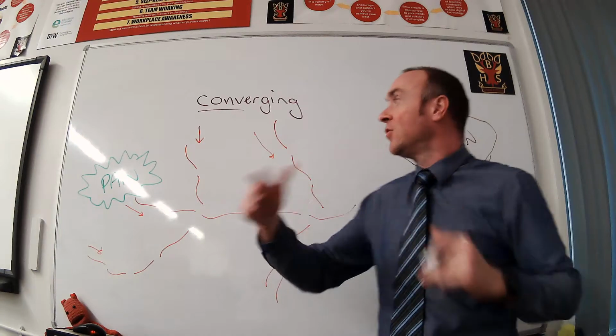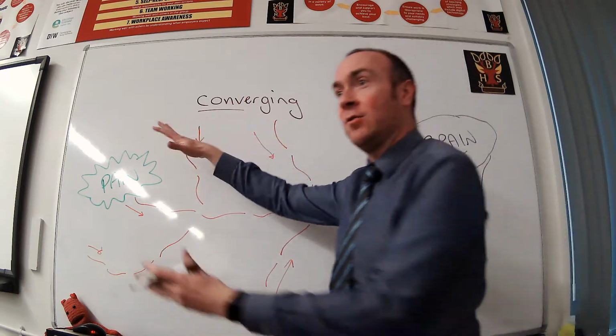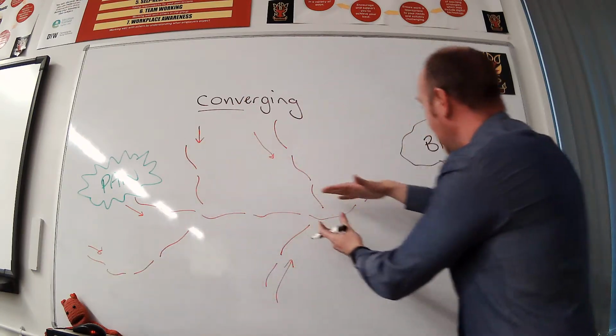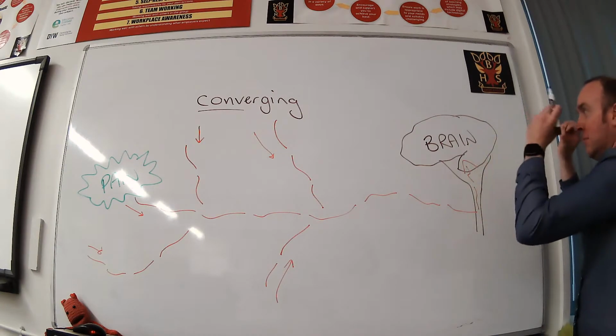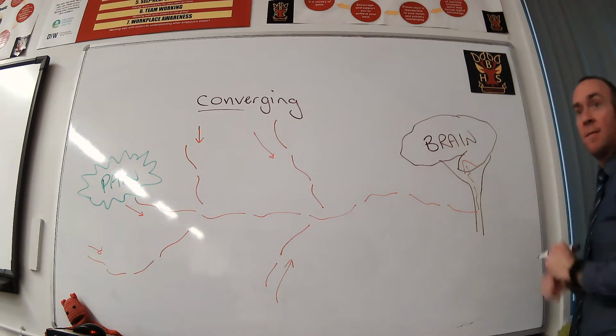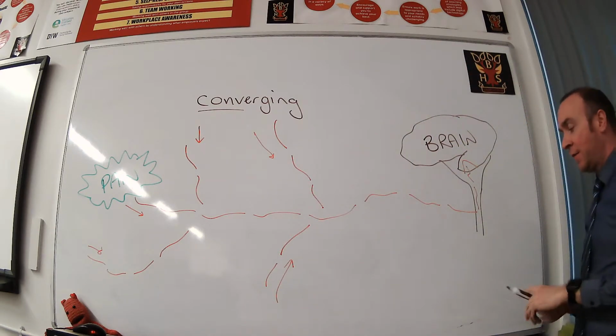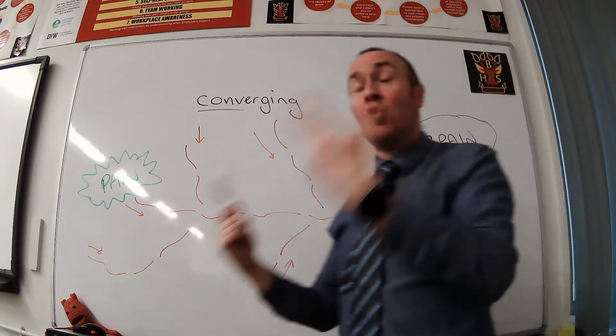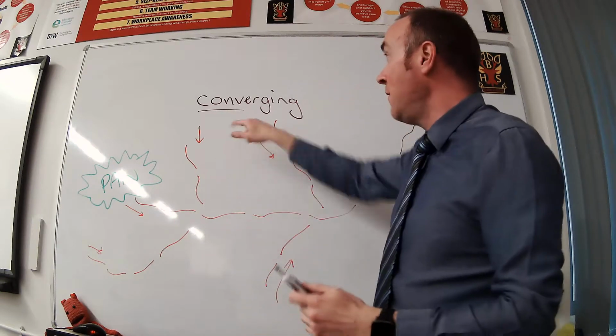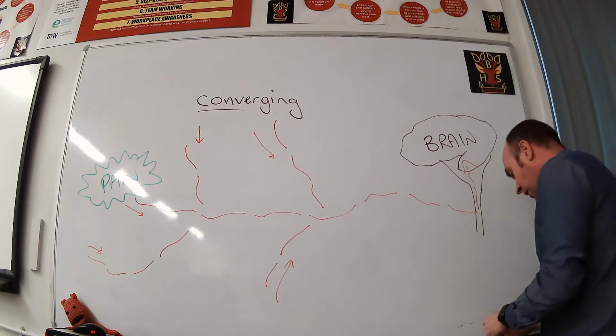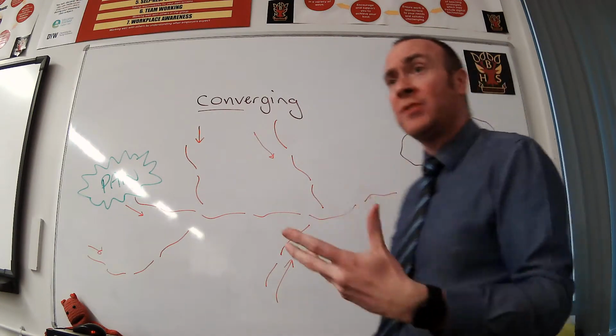So a converging pathway is all the signals collecting together to give one big, here's the temperature, right? Now, that's one way in which neural pathways can be connected together, as a converging pathway, but actually the opposite can also be true.